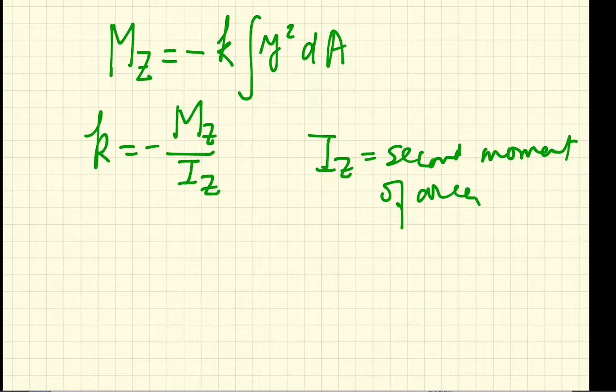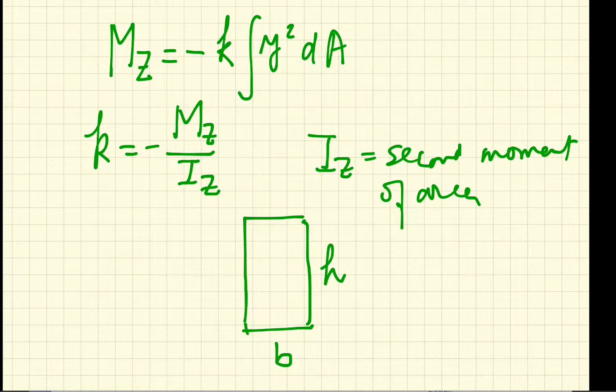Every cross section has a second moment of area. For example, if we have a cross section like a rectangle, and we want to find the second moment of area about the z-axis, with y in this direction, so I have a z and a y.